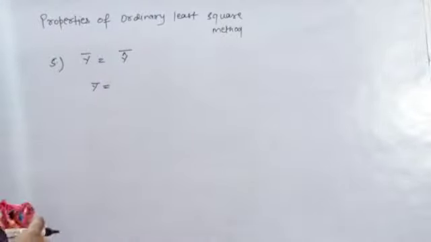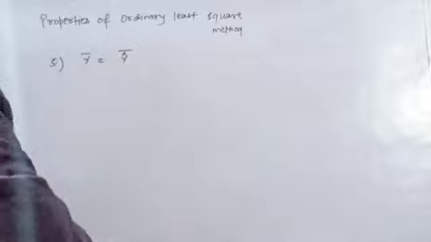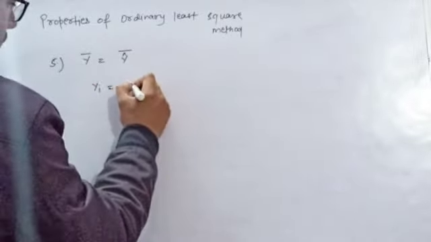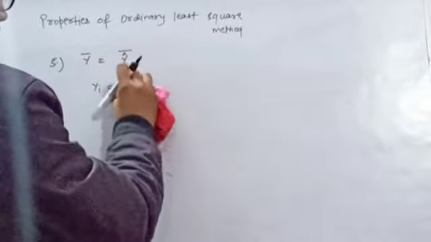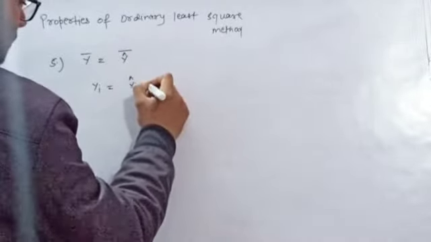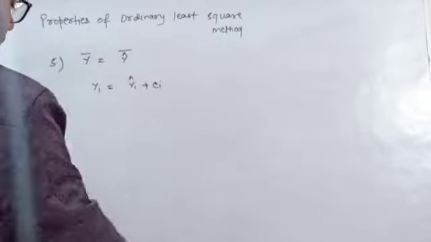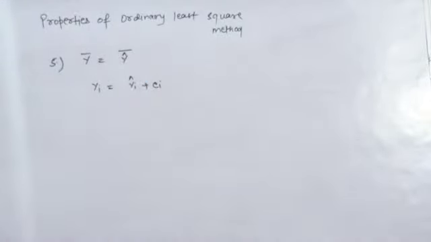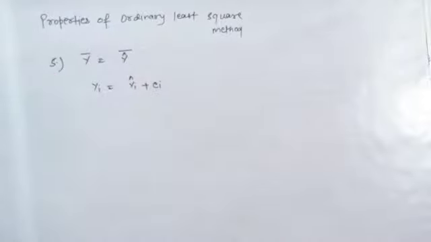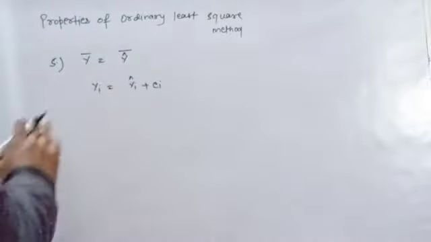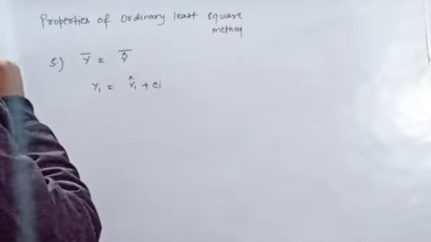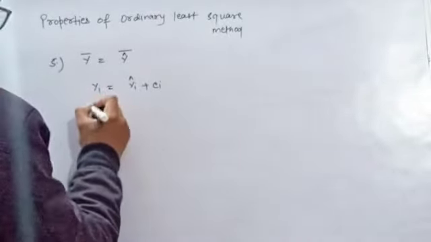What is yi? We can write it as y hat plus ei. Yes or no? We know that yi hat is b1 plus b2 xi. Now take summation on both sides.